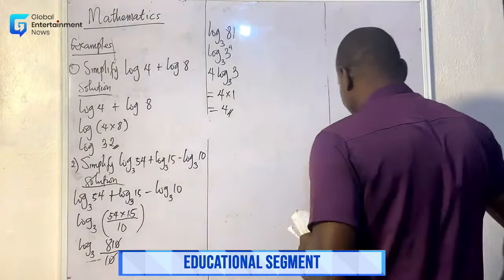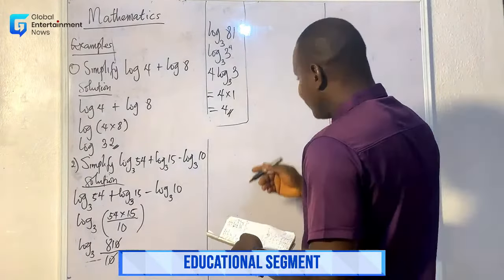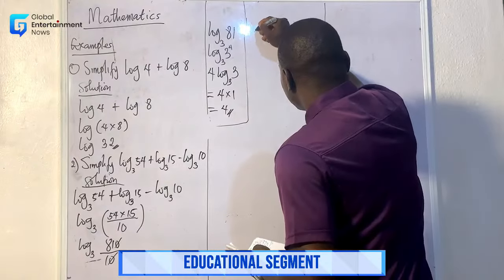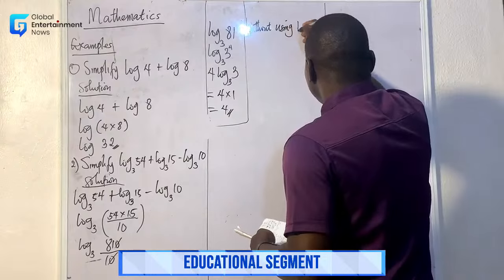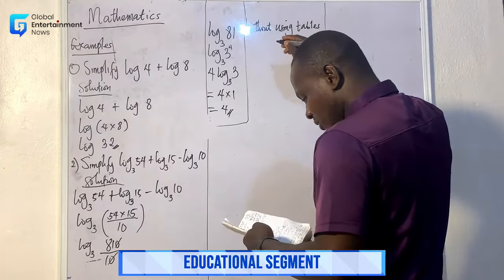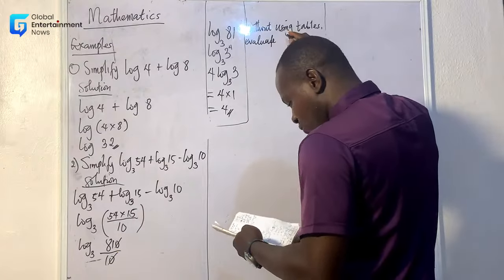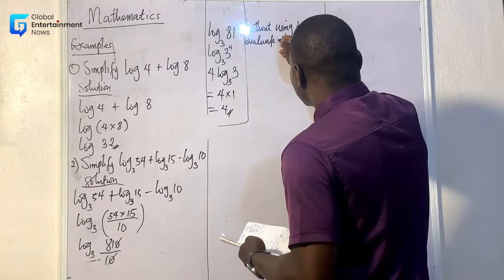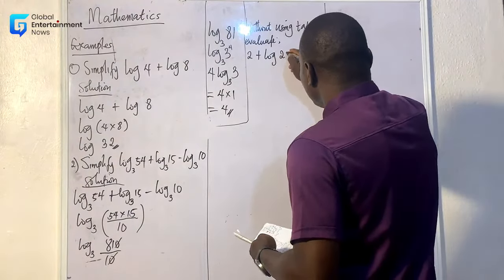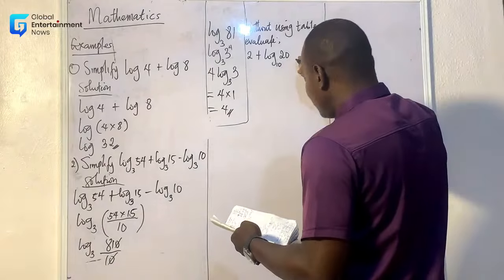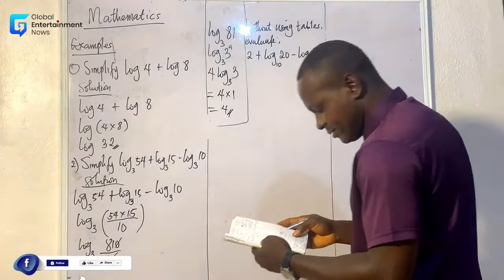Question number 3 says, without using tables, evaluate 2 plus log 20 base 10 minus log 2 base 10.